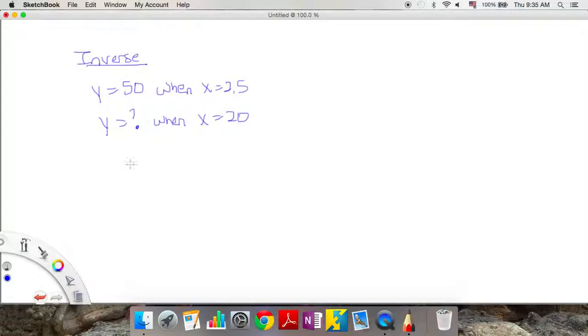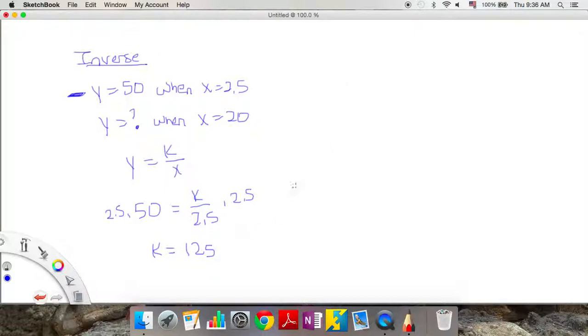Well, it's an inverse relationship, so that means y equals k over x. The first thing I need to do is find my k using this information. So I have 50 equals k over 2.5. I just multiply both sides by 2.5, and that gives me k is 125.